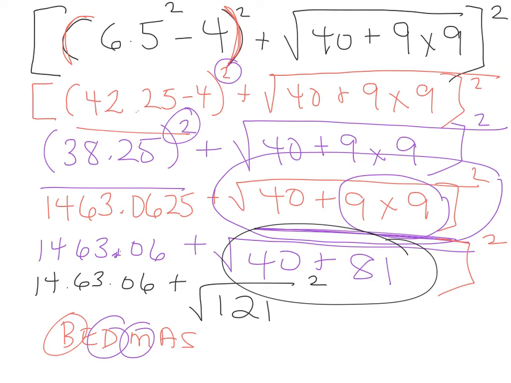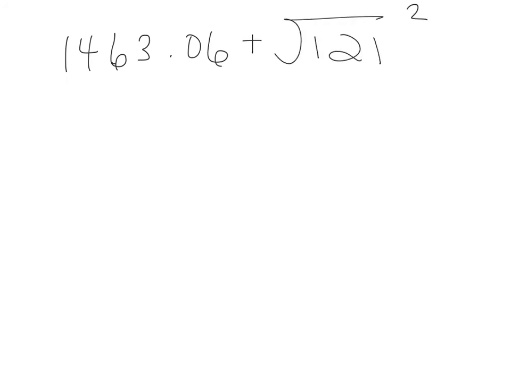I'm just going to go to the next page because I'm running out of room. So just to copy down again, I had 0.06 plus 121, and that was to the power of 2. Going to copy down the next line. And then we square root 121.